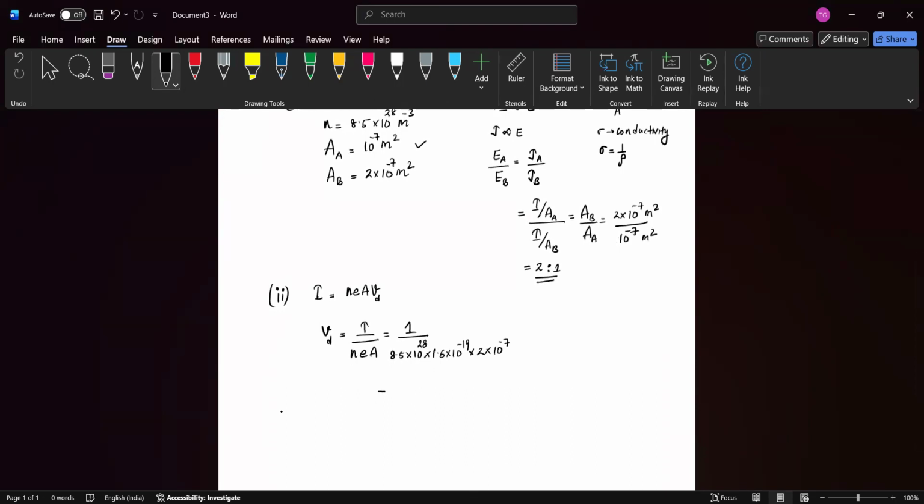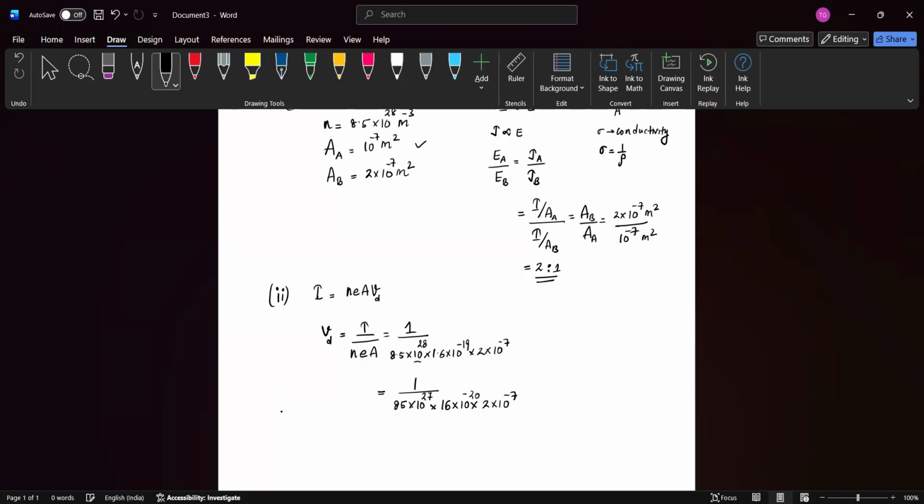So this is equal to 1 by, I can remove the decimal by taking the 0 from here. So I can write it as 85 into 10 power 27. Again, this 1.6 into 10 power minus 19 can be written as 16 into 10 power minus 20, into 2 into 10 power minus 7.